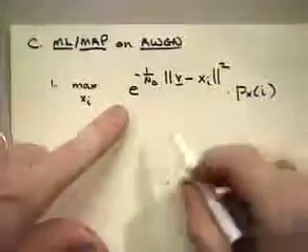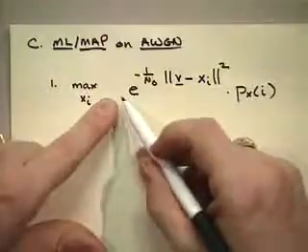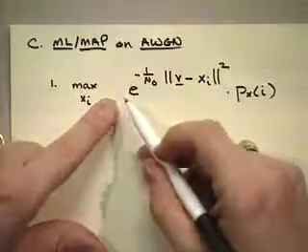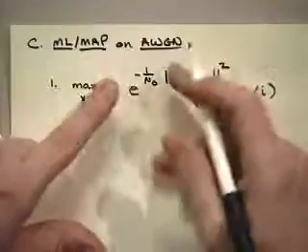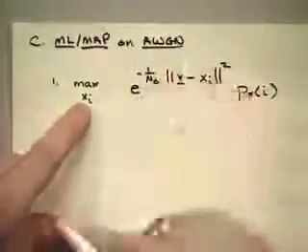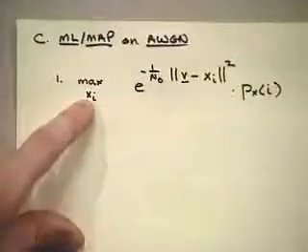This is a MAP detector. You'll notice I threw away 1 over the square root of 2 pi sigma squared out front, or 2 pi times N naught over 2. Well, that's just a constant term. It's not a function of i, so no reason to include it here in the maximization.